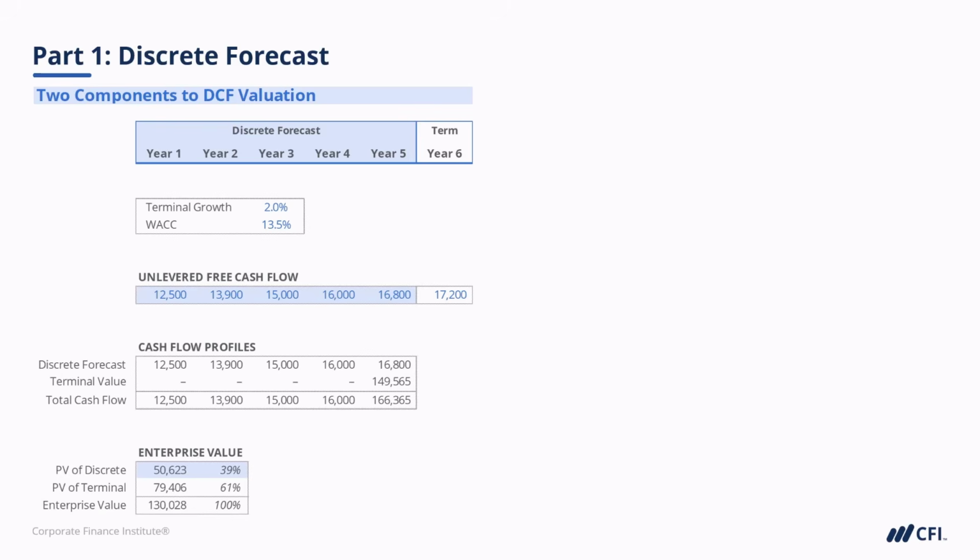Now, as we can see, we're forecasting the unlevered free cash flows from year 1 to year 5, and they're shaded in blue. But we really want to focus our attention down to the bottom, where we show the present value of the discrete forecast of $50,623. In order to calculate that, we're using an NPV function.